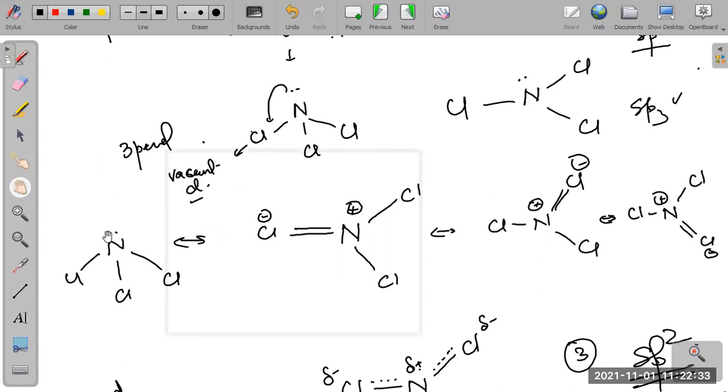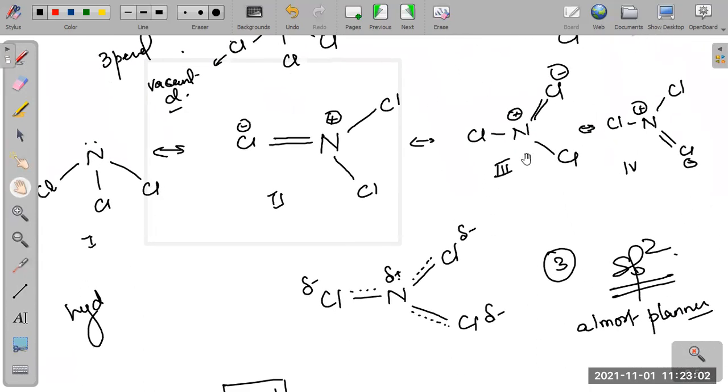This lone pair of electrons is being coordinated to the first Cl, then to the second Cl, and then to the third Cl in sequence, creating a negative charge on chlorine and a positive charge on nitrogen. So this could be the first structure, second structure, third structure, and fourth. The sum total of the four structures is this structure.